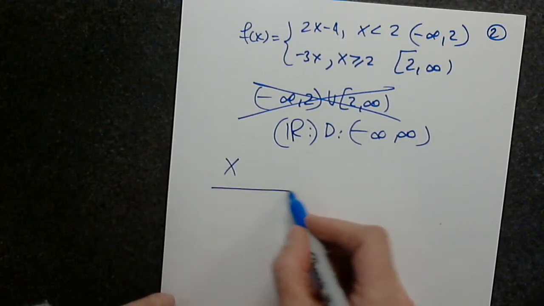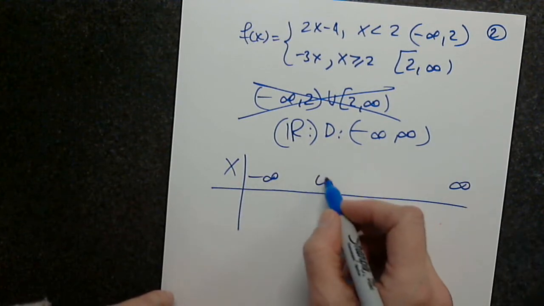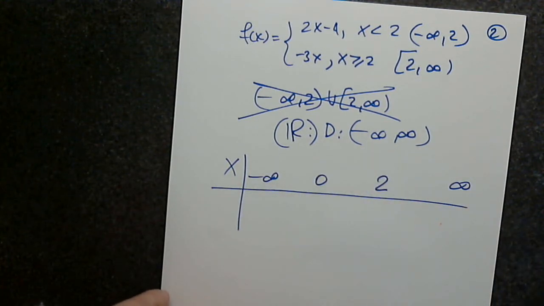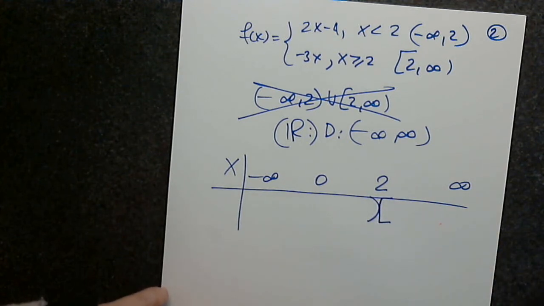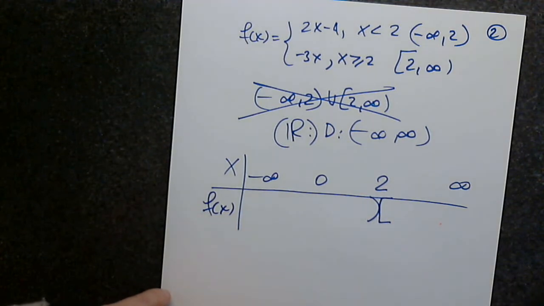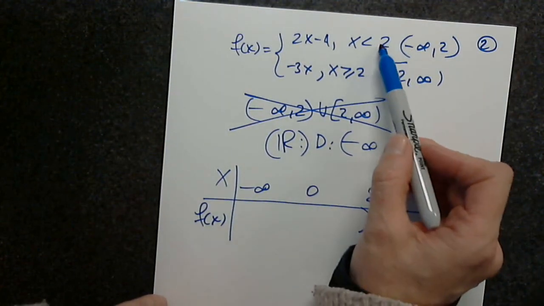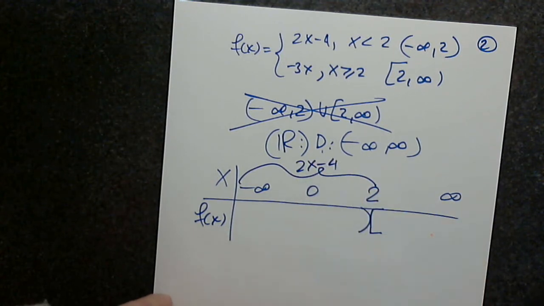So now knowing that, I create a table that has to have 0 and 2 mandatory in the table. These are the symbols. Here I'm going to present the values of y. I see that to the left of 2, I'm already splitting it. It's 2x minus 4.